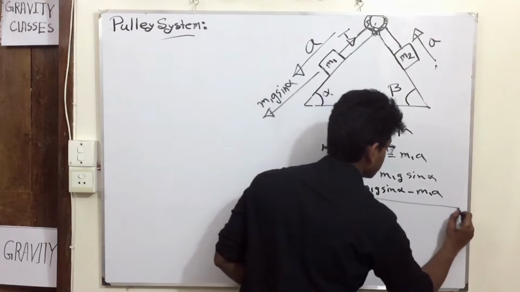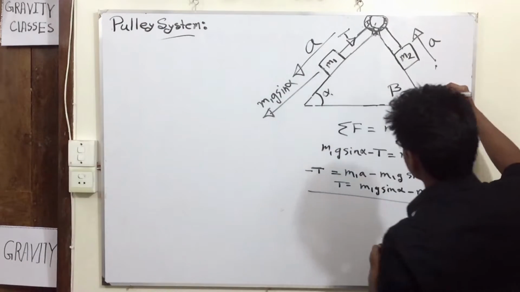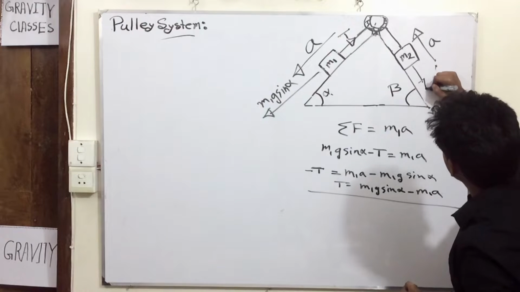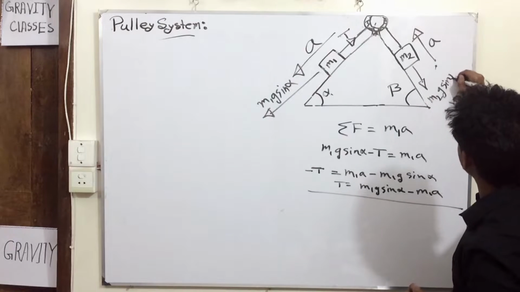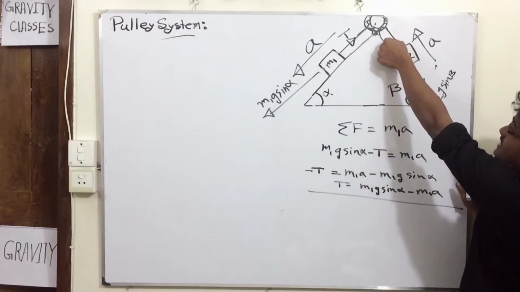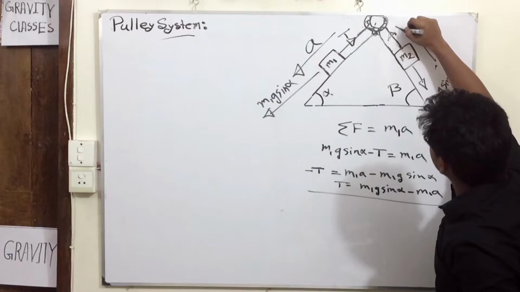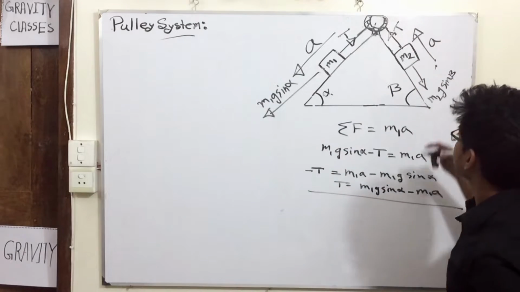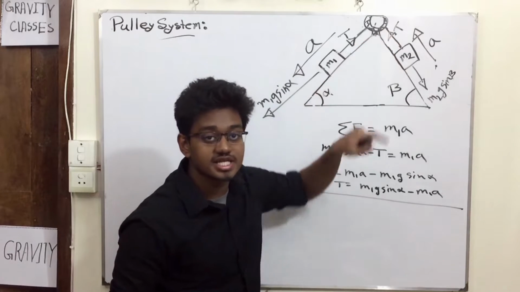Now we're going to work on the second object, the M2 object. Exact same procedure. M2 is going to be dragged down by M2G sine beta. But the tension that is being created in this rope by this M1 object will try to pull it up. Okay? Here, the acceleration is happening in the same direction as tension.